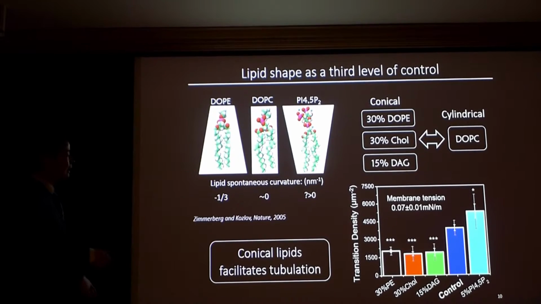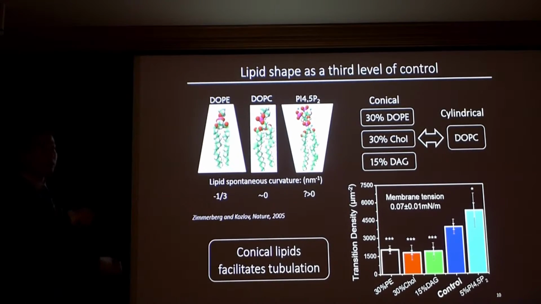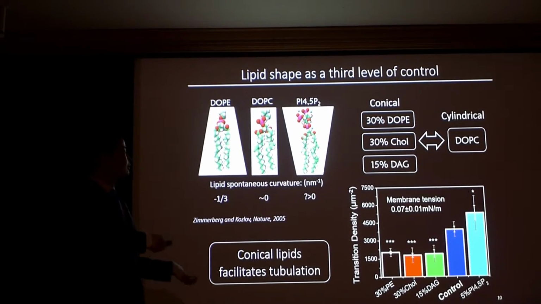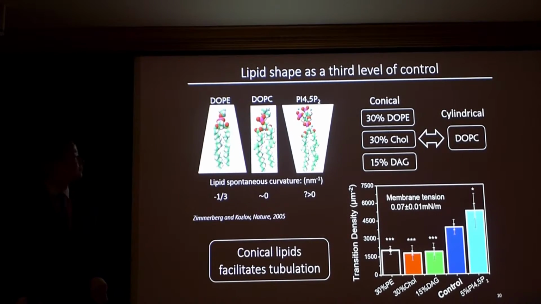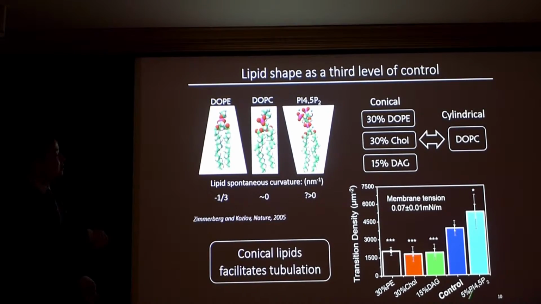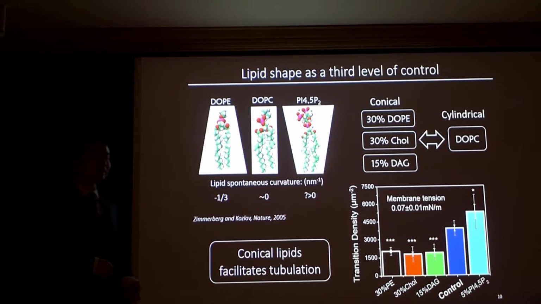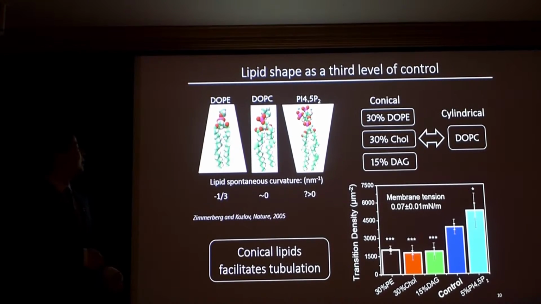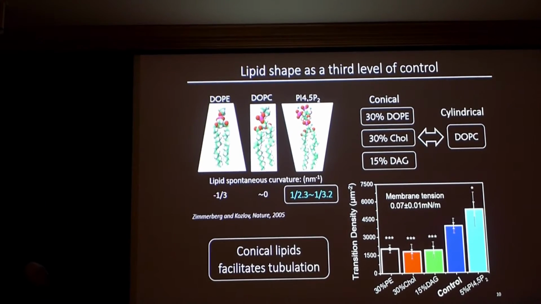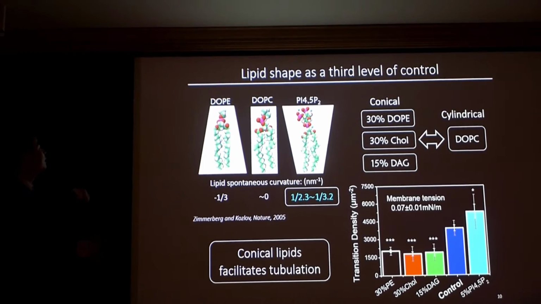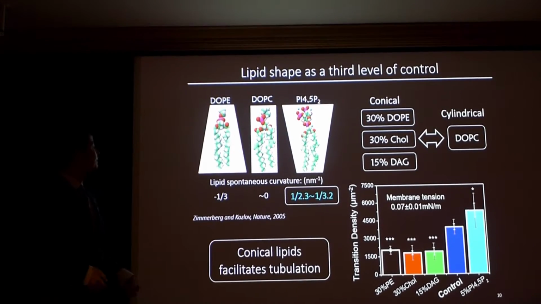And following that, if we add this anti-conical lipid into the membrane, the transition density will be increased. And by changing the fraction of this anti-conical PIP2, we can even give an estimation about the unknown lipid spontaneous curvature of PIP2, which is roughly 1/3 per nanometer, representing an inverted DOPE shape.